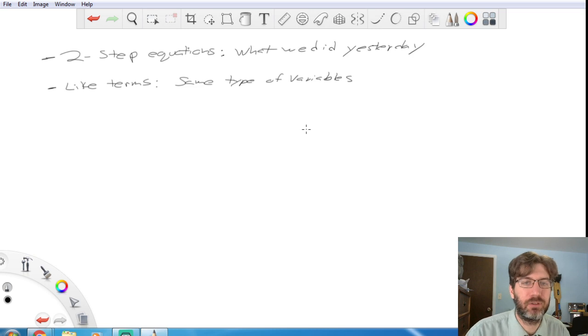But basically what we're going to do is we're going to take things where we combine like terms and we're actually just going to solve the problem. So before we were just combining like terms, and then yesterday we were just solving two-step equations. Now today we're going to combine like terms to make it into a two-step equation and then solve that.